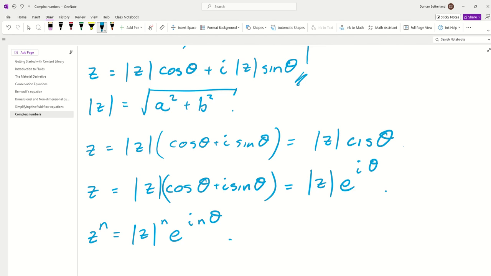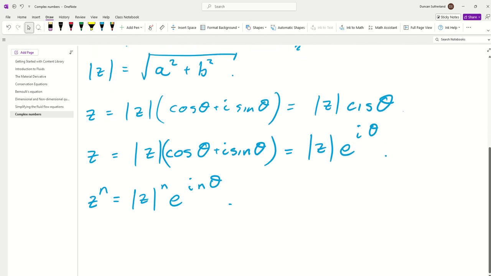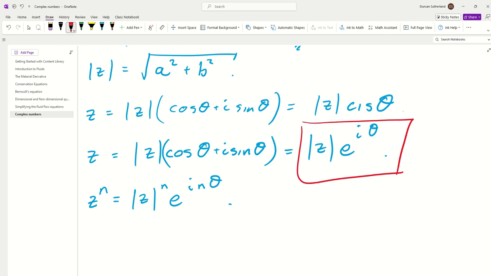It's quite a neat proof, but the proof is irrelevant here. What you need to remember is this is how we represent a complex number. So let's think about how we're going to use this in waves.